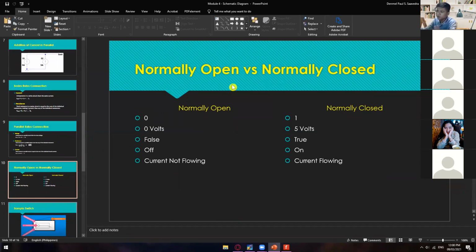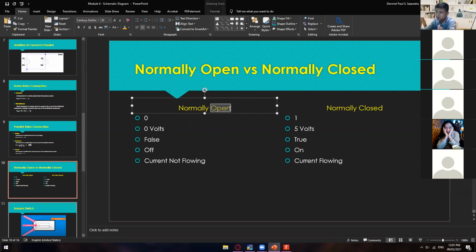And then we have here normally open versus normally closed. For the normally open, from the word open, there is no flow of current. The connection between the two wires is not connected since it's open. So of course we have 0 as a representation: 0 volts, false, off, or the current is not flowing.